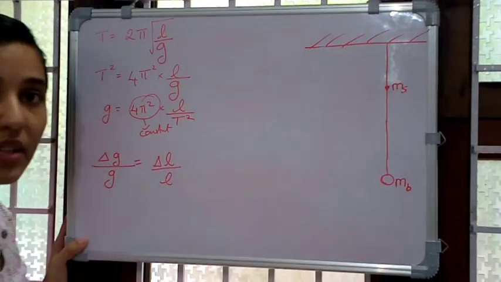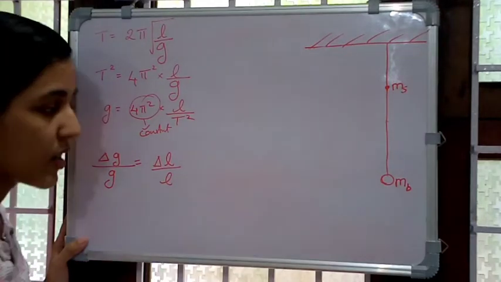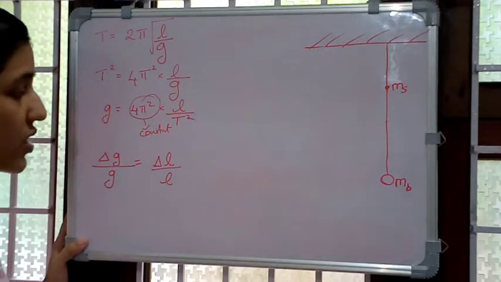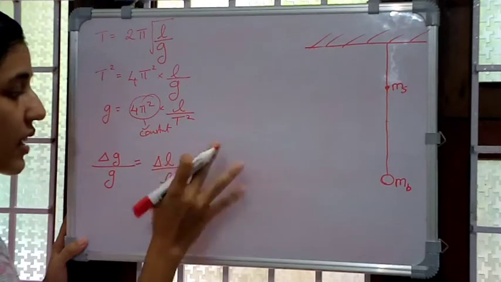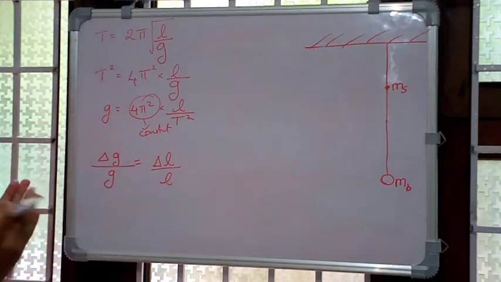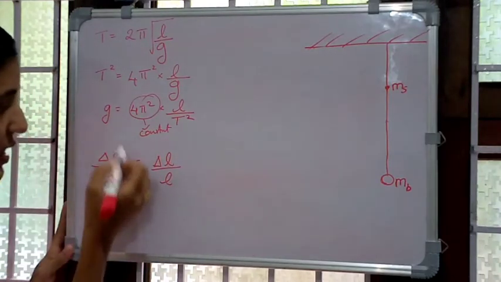If there is no mass of the string, then there will be no tension effect, so that term gets cancelled. So the remaining term is this one. We have to find this value.